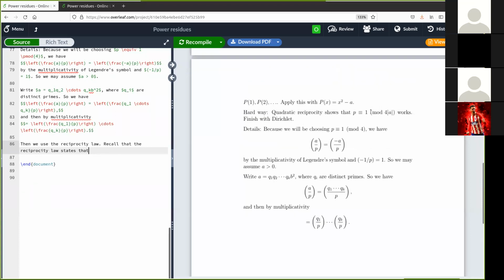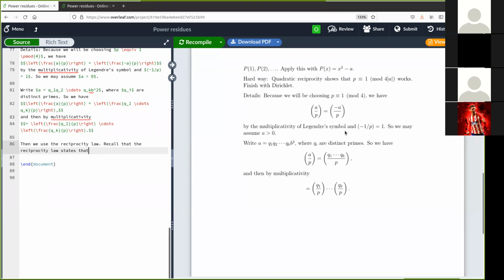Excuse me? I guess we should take P congruent to 1 mod 8A. But if A is even, then P is actually congruent to 1 modulo 8, because of the choice we made. Oh yeah, so it works out.